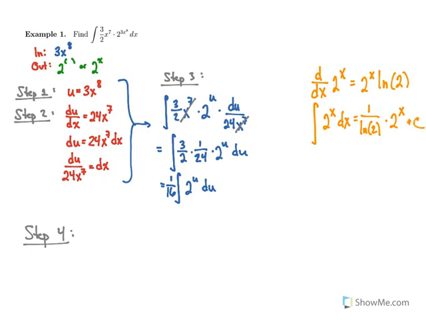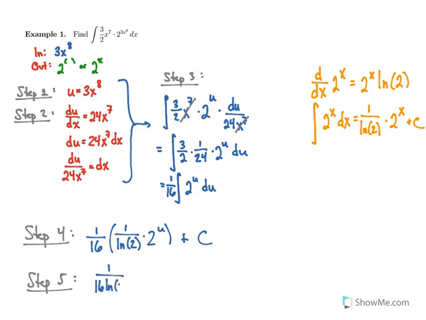Plus a constant c. So step 4, we just kind of already did that. That's going to be 1/16 times 1 over natural log of 2 times 2 to the u plus c. And step 5, we want to rewrite everything in terms of x.